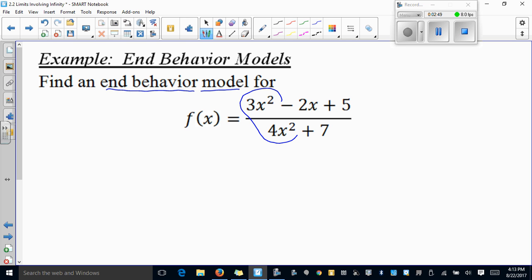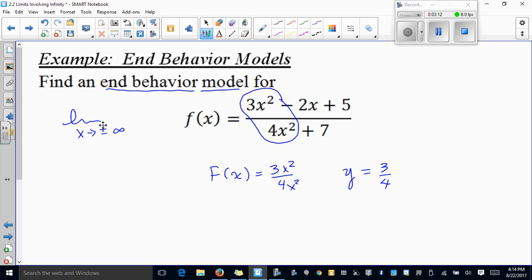So what we have here is f of x equals 3x squared over 4x squared, and the x squares cancel out. So you're going to get a horizontal asymptote of 3/4. So as x approaches positive or negative infinity, this whole thing is going to go off to 3/4.